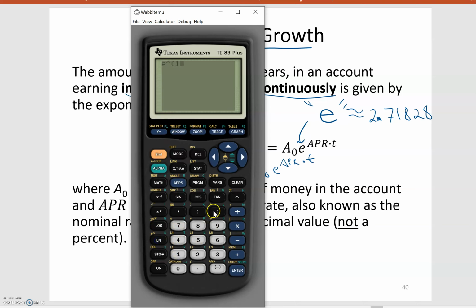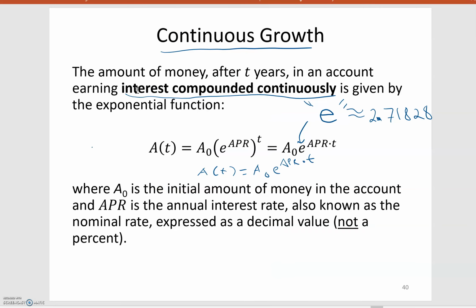So if I raise e to the first power, that's just e, 2.71828, and then it repeats the 1828 another time, and then it's something else after that. We could say e squared, and that's this number squared, and so forth. This is going to be very important whenever we're talking about continuously compounded growth, or decay for that matter.